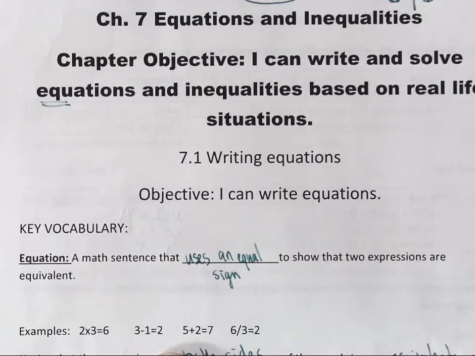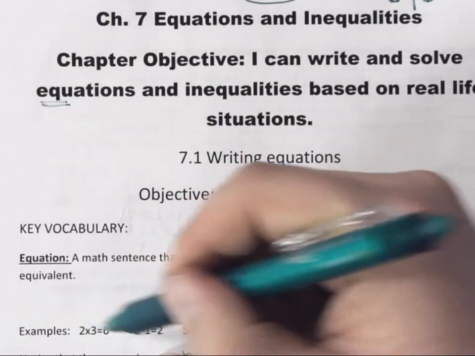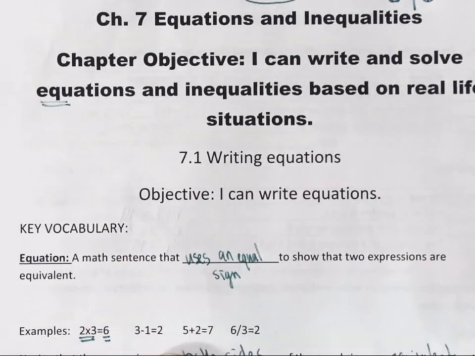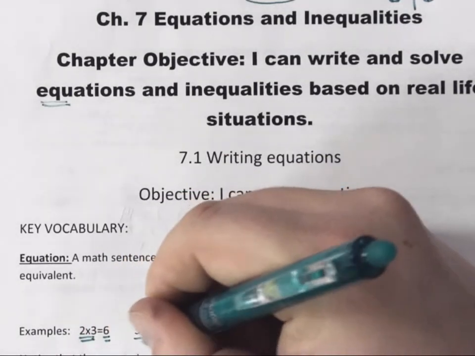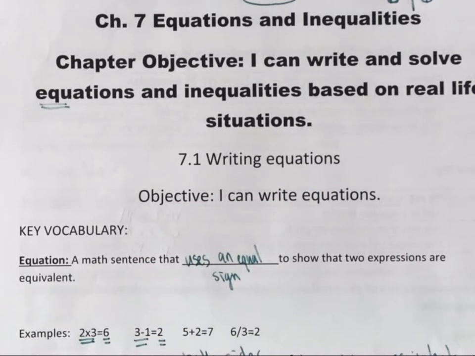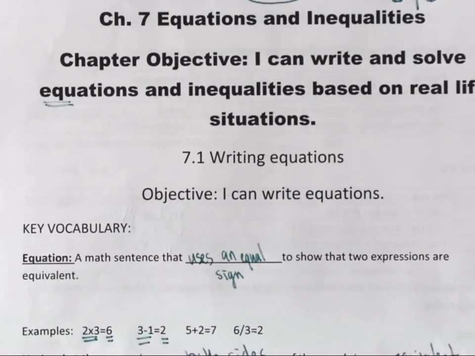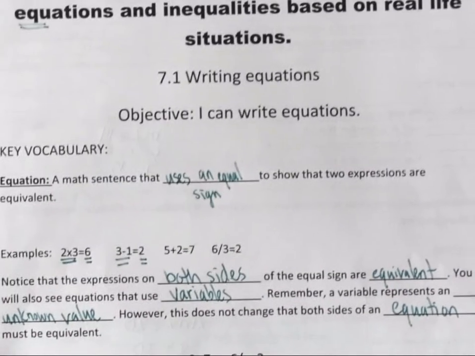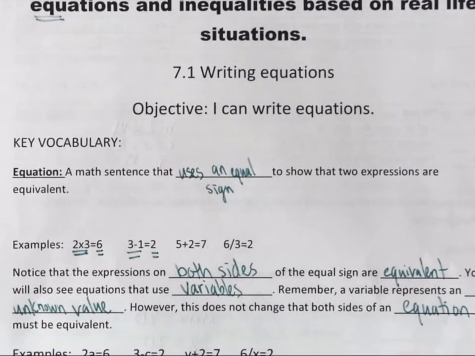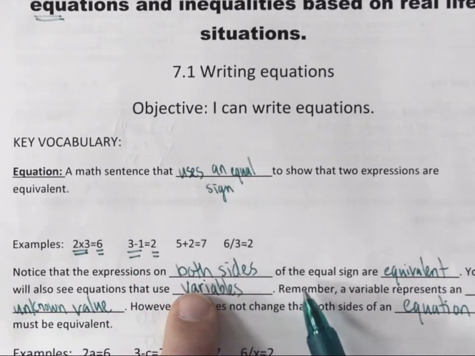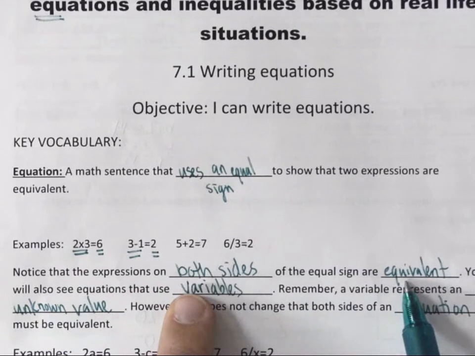That equal sign shows that two expressions are equivalent. This side is equivalent to this side. So we are trying to make sure that we have a balance in an equation. The equal sign is like our scale. Both sides must be balanced. Notice that the expressions on both sides of the equal sign are equivalent.